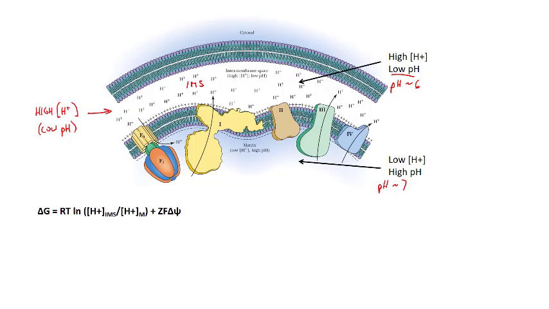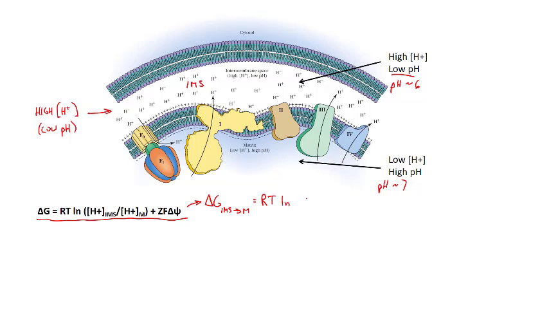Okay? Well, why does this matter? It matters because of the Nernst equation that we've seen before, right? Whenever you have a difference in concentration of something across a membrane, you've got energy associated with it. In this case, the free energy of transport across the membrane, we'll say from the intermembrane space side to the matrix side, is equal to what?